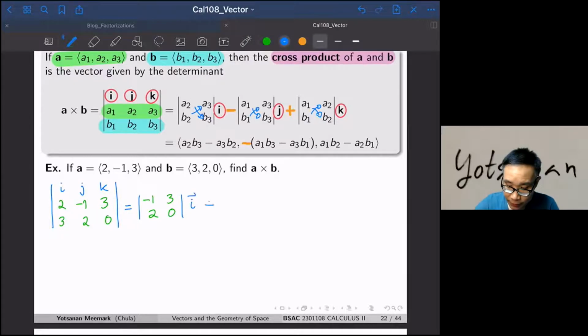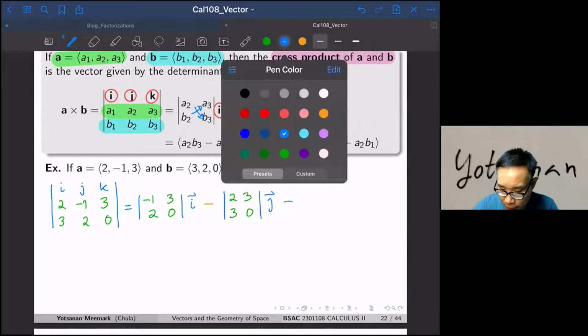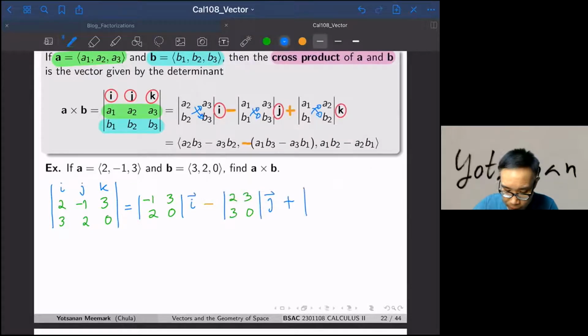Plus, not plus. So here it's gonna be minus. Okay, so for J it's gonna be 2, 3, 3, 0. Okay, so it's gonna be your J, and finally you have your K. So for your K, it's gonna be this one.